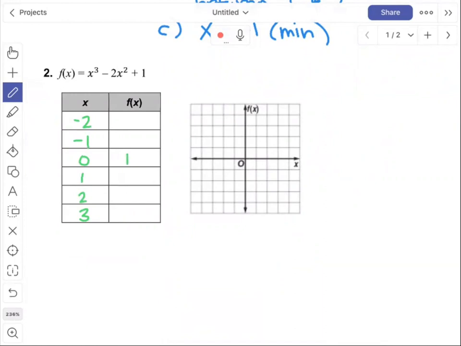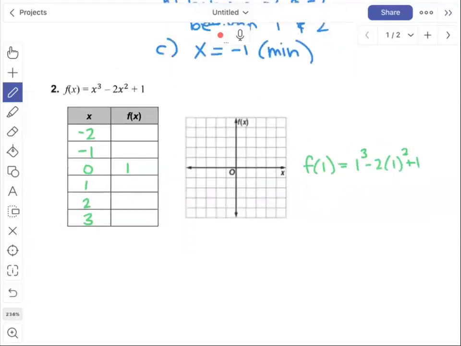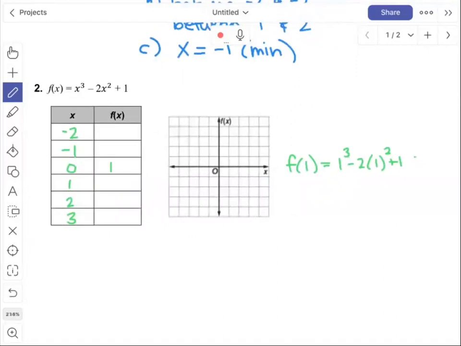And when I plug in 1, I get 1 cubed minus 2 times 1 squared plus 1. And that gets me 0. All right. Plug in 2, I get 2 cubed minus 2 times 2 squared plus 1.